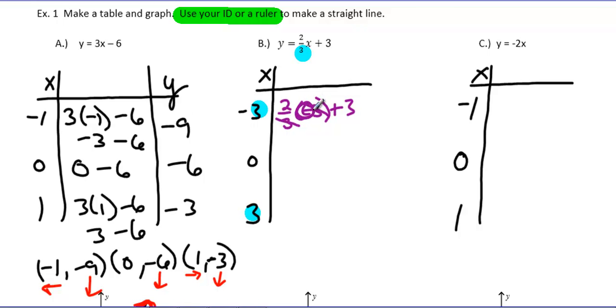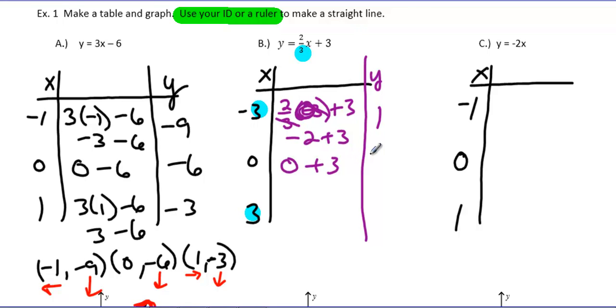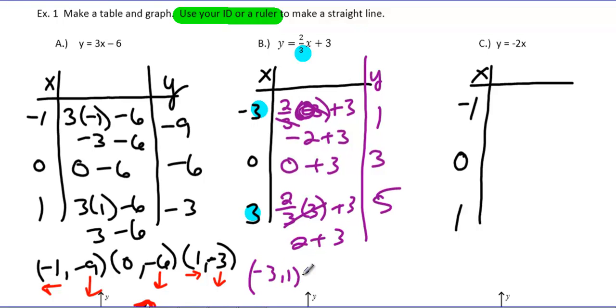Don't forget about that negative sign. So that's -2 plus 3, which is +1. 0 times anything is 0. 0 plus 3 is 3. And then I have 2/3 times +3 plus 3. Those cancel. 2 plus 3 is 5. And I have 3 points once again: -3, 1; 0, 3; and 3, 5.